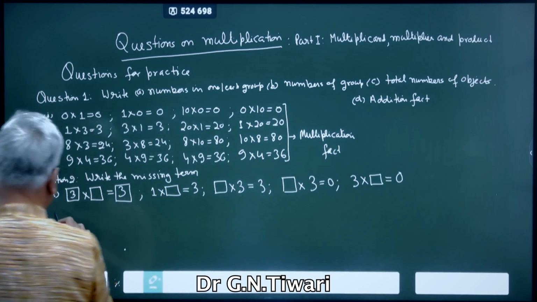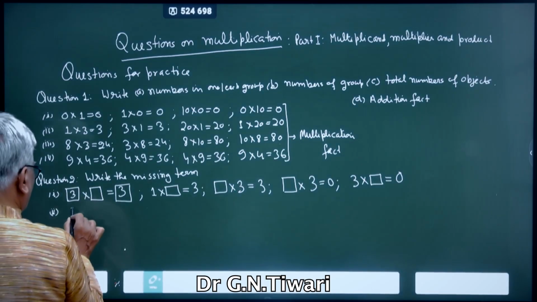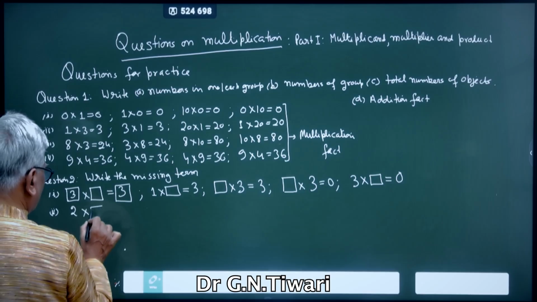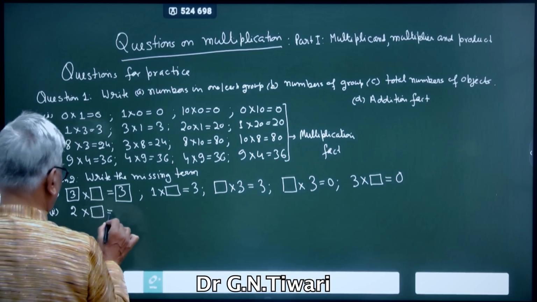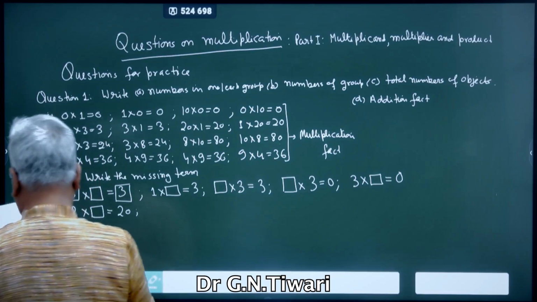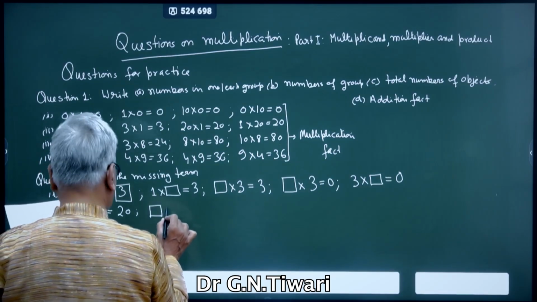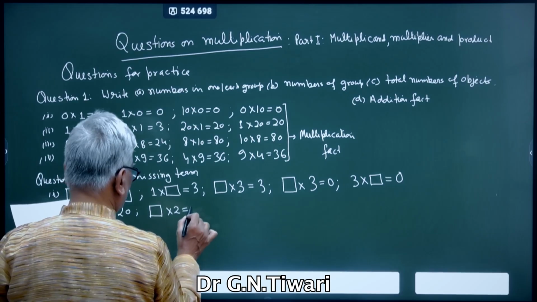2. 2 into blank is 20. Then blank into 2 is equal to 20.